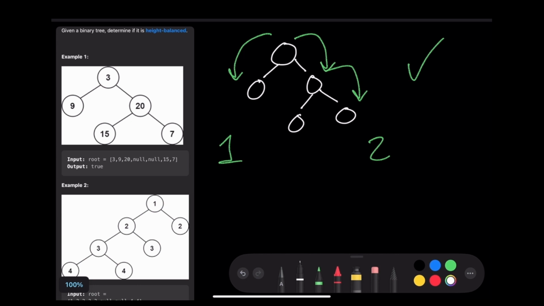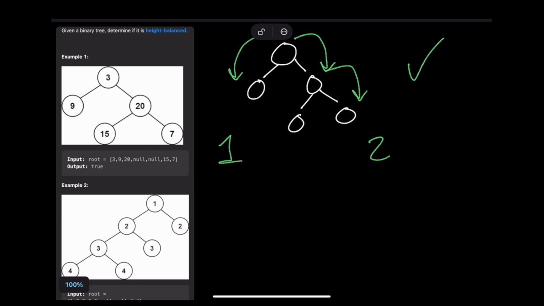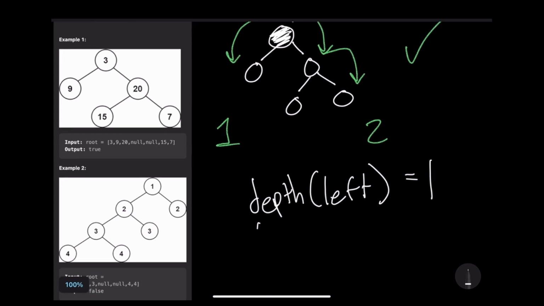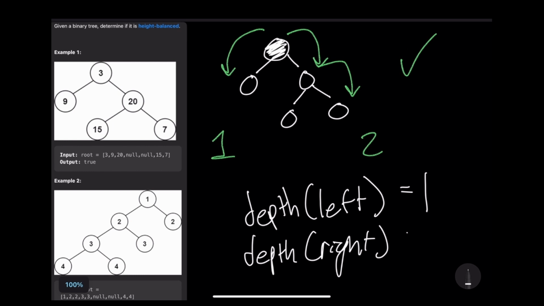So what I'm thinking we do in terms of the algorithm is, starting at the root node, find the depth of the left subtree, which would give us, in this case, 1. Then we would want to find the depth of the right subtree, which in this case would give us 2.